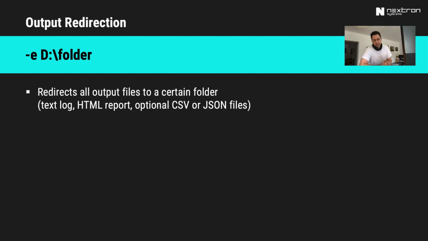There's an output redirection flag that you can use to redirect the output of every output file. So there can be many. Usually there are only two, the text log and the HTML report that gets generated at the end of the scan, but you can also generate a CSV file with all suspicious file findings and their hashes for later post-processing in other tools, and also JSON output files, for example, for a better import in your SIEM or log management solution of choice.